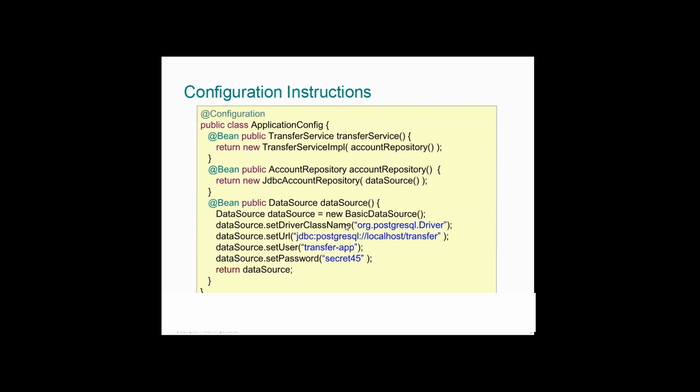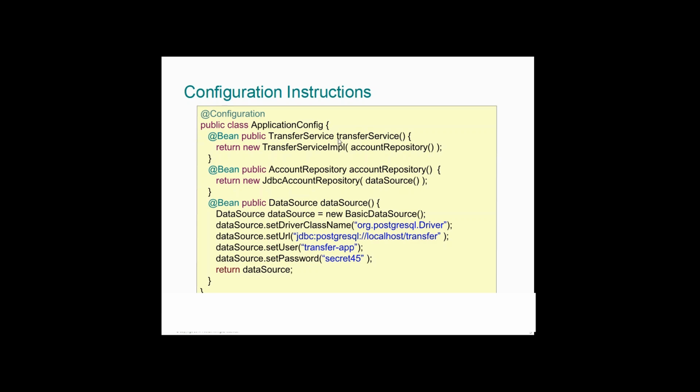So a couple of things I want to emphasize here. If you look at this transfer service method name, the way it is being created in the container, each and every bean needs to have a unique identifier, a unique ID or unique name. Okay, so that is determined based on your method name.